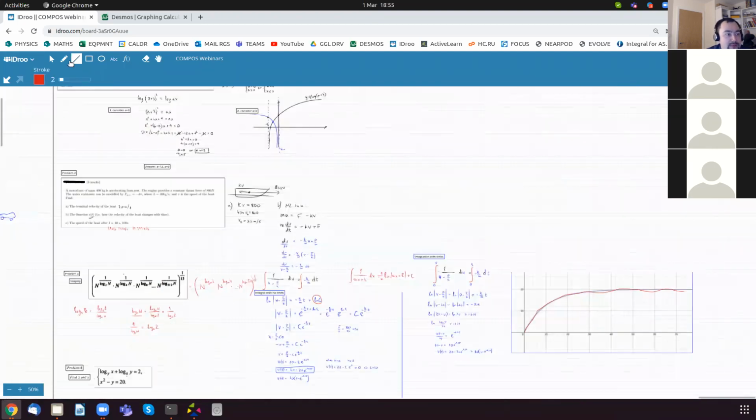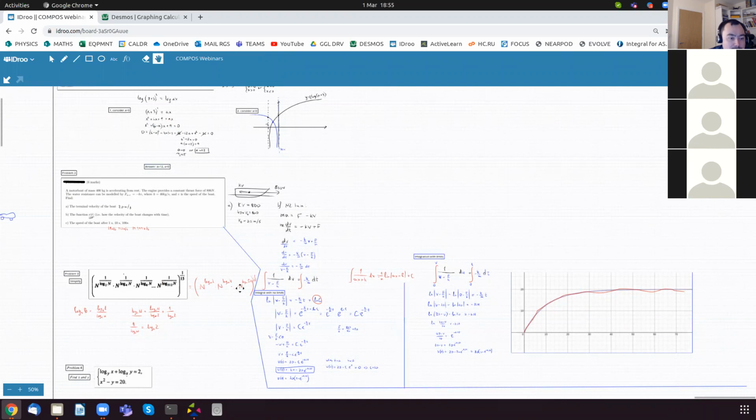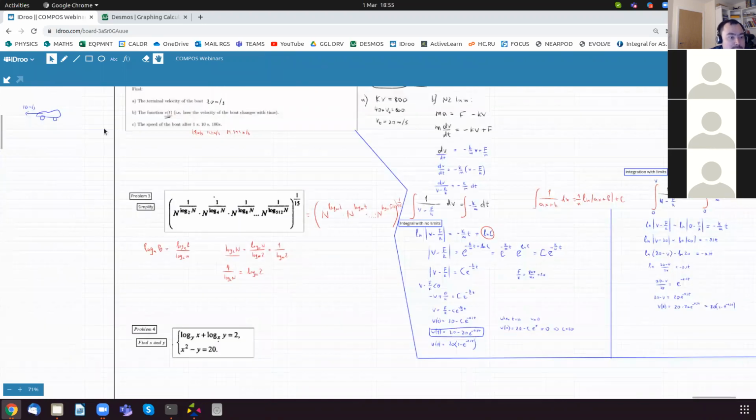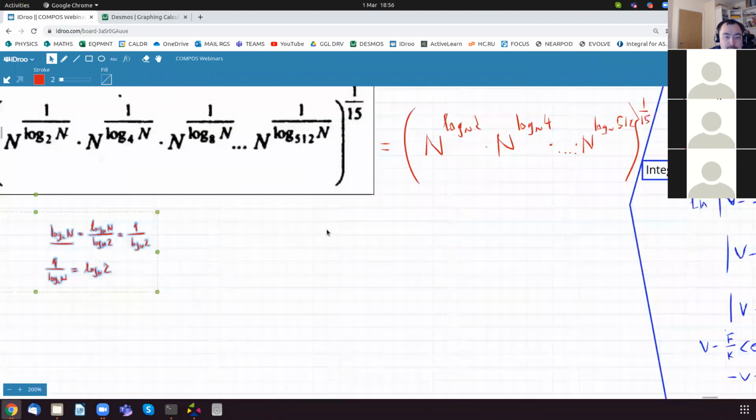All right, I need to tidy this up a little. Okay, so here we know that a to the power log a b is b.